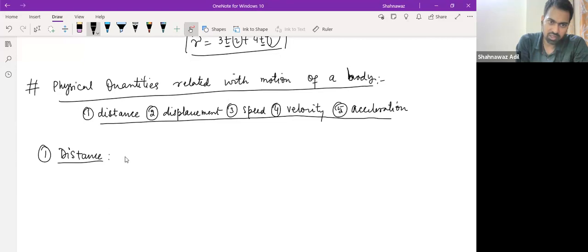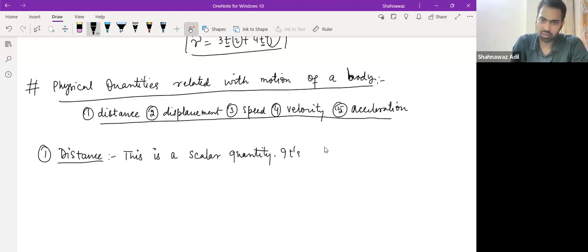So distance is a scalar quantity. Its SI unit is meter. Okay. And the definition of distance is what?